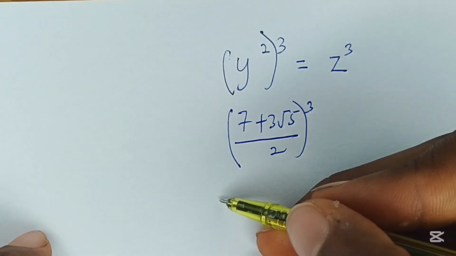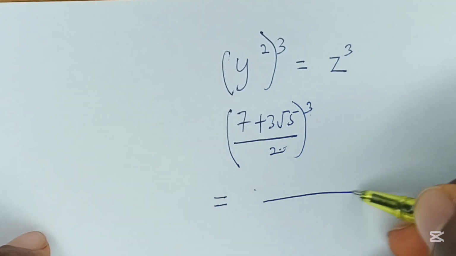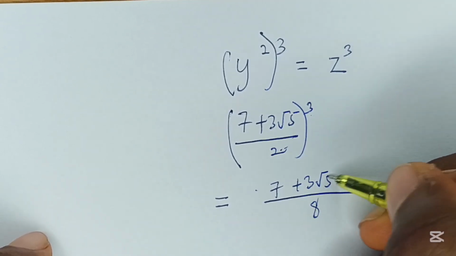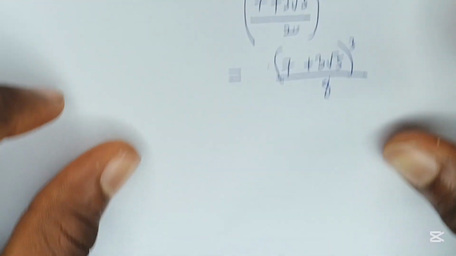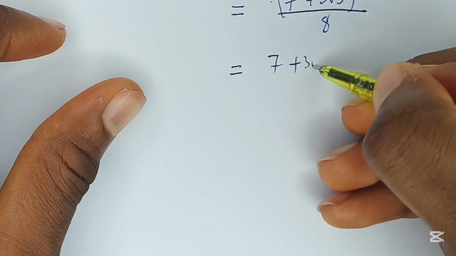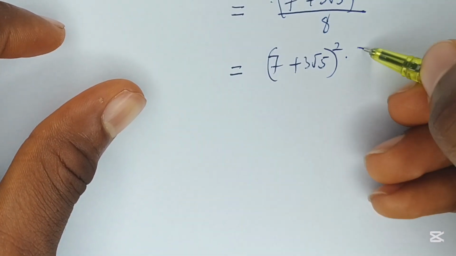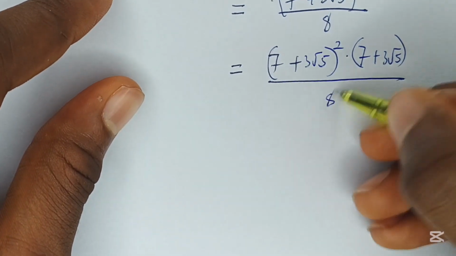Now this becomes equal to 2 raised to the power 3 is 8. So we have 8 here, and then we have (7 plus 3 root 5) all raised to the power of 3. Now this is equal to (7 plus 3 root 5) raised to the power of 2 multiplied by (7 plus 3 root 5), all over 8.